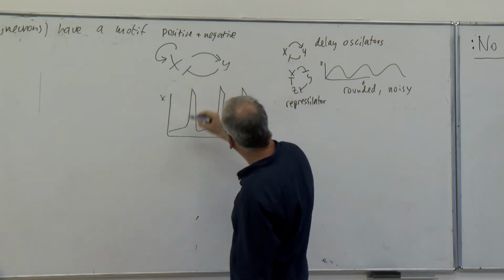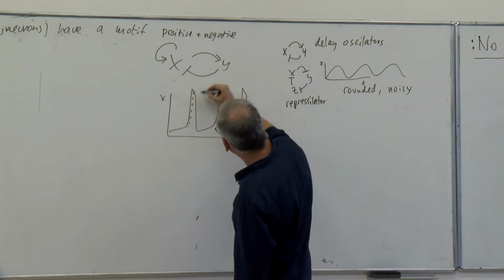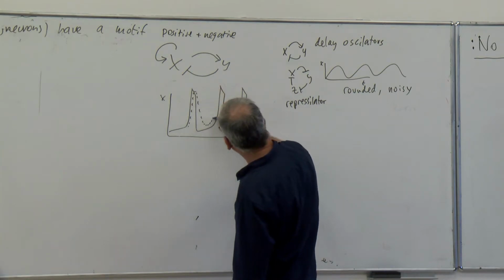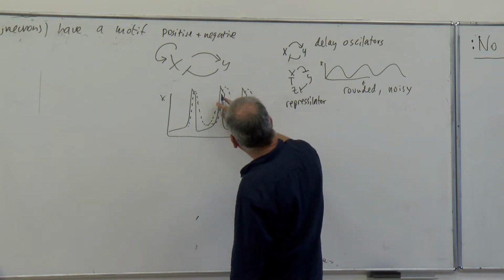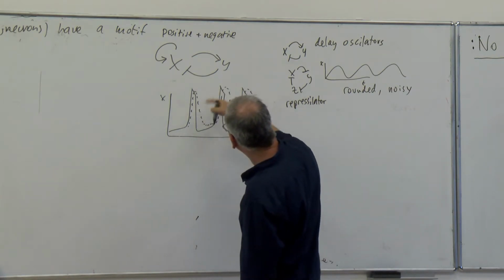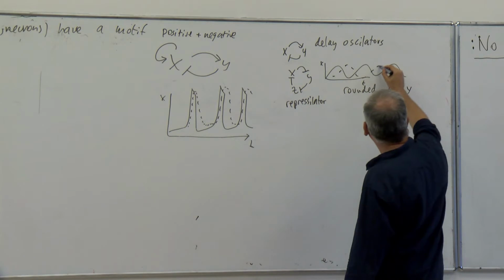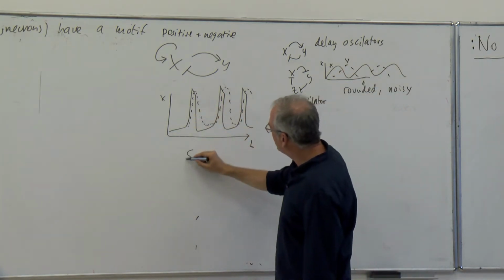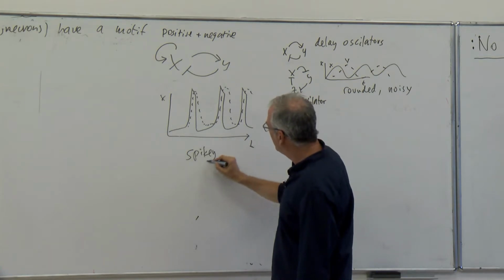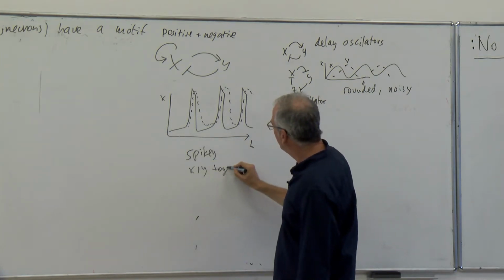And Y rises here, makes X go down, and then falls itself. In this oscillator, X and Y are kind of together. In the other oscillator, X and Y are usually out of phase. Here they're together. And it's spiky.